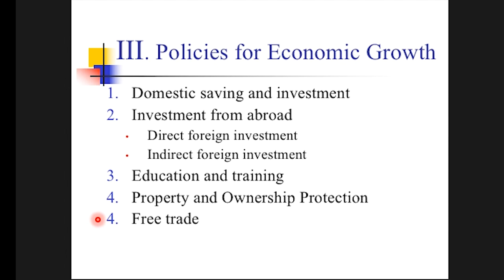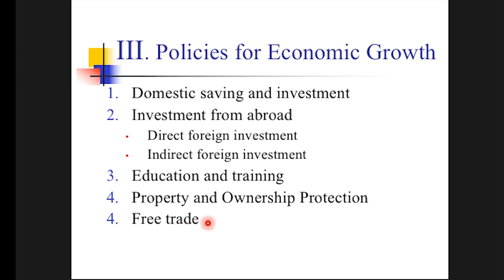Sorry, this should be number 5. Policy number 5 is free trade. Free trade is one of the reasons for Japan's growth in the 1950s.